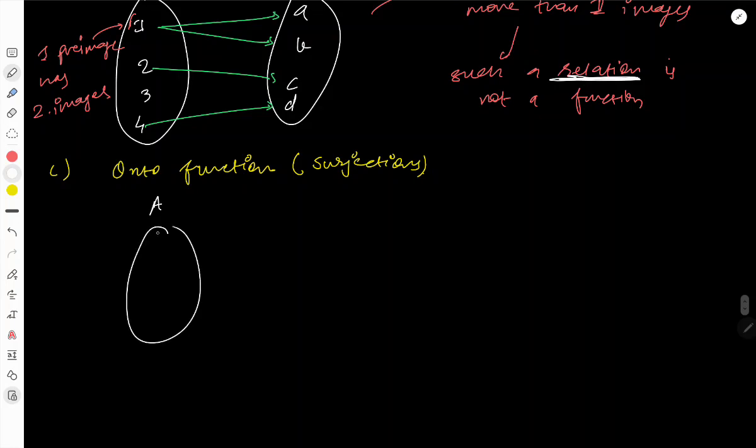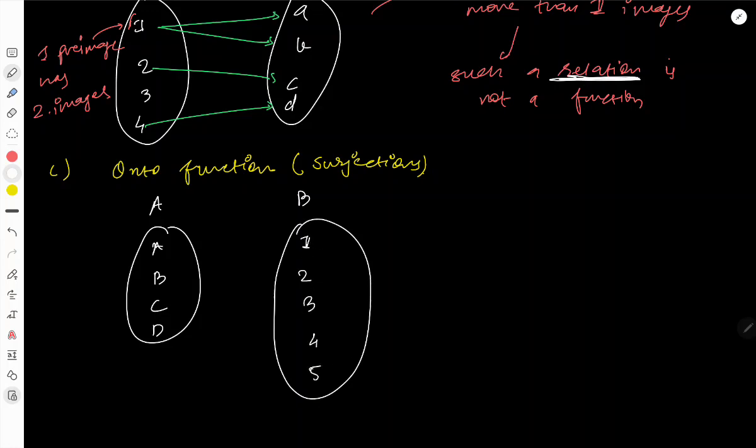So let this be set A, B, C, D, and let this be set B. Now I'm making it big, and let it be 1, 2, 3, 4, 5.